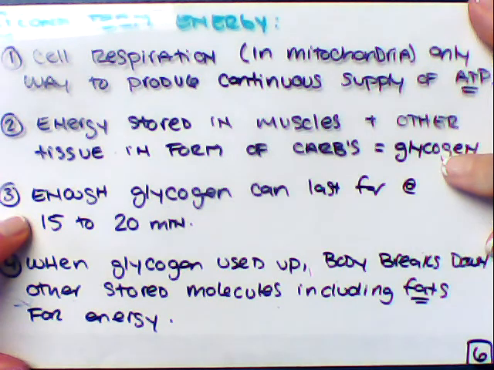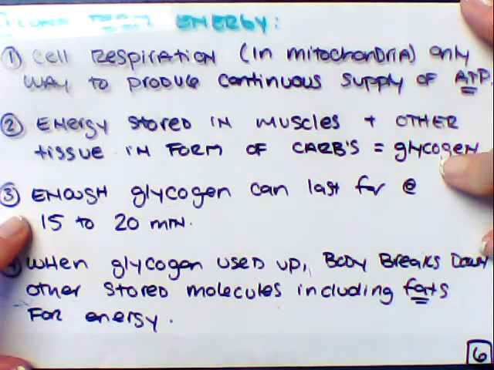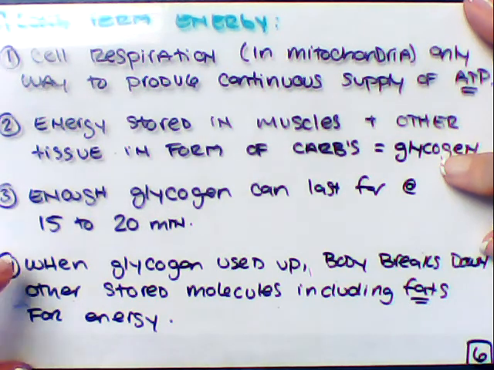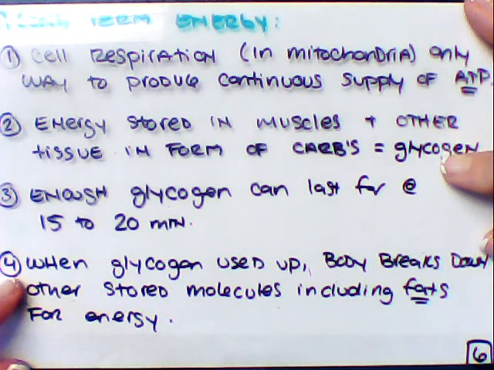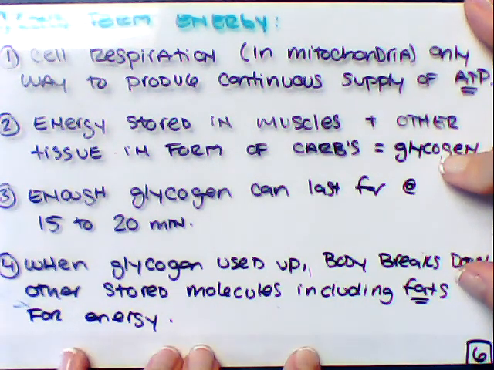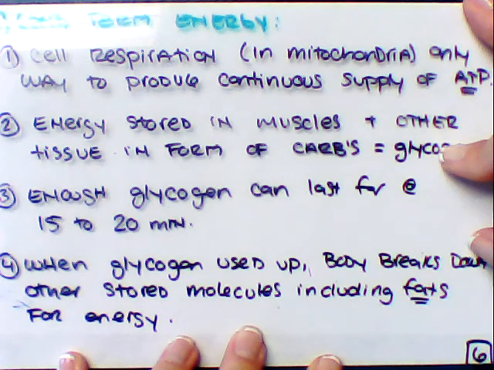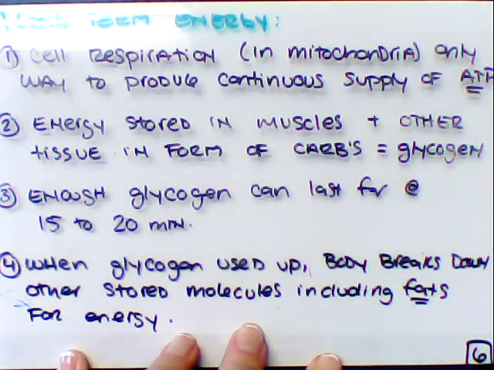This is also the reason why when you go to work out, you need to work out for at least 20 to 30 minutes to break apart that stored carbohydrates before your body will actually in turn start to rip apart your lipids, which will give you 146 amount of ATP, giving you that feeling of that second wind, being able to run for like an extra hour. When glycogen is used up, again, the body breaks down other stored molecules, including your fats, for energy. If you're eating a lot of carbs and we're not working out and we're not breaking apart our fats, then of course those carbs and your fats will get stored into your long-term energy, which are your fat molecules.